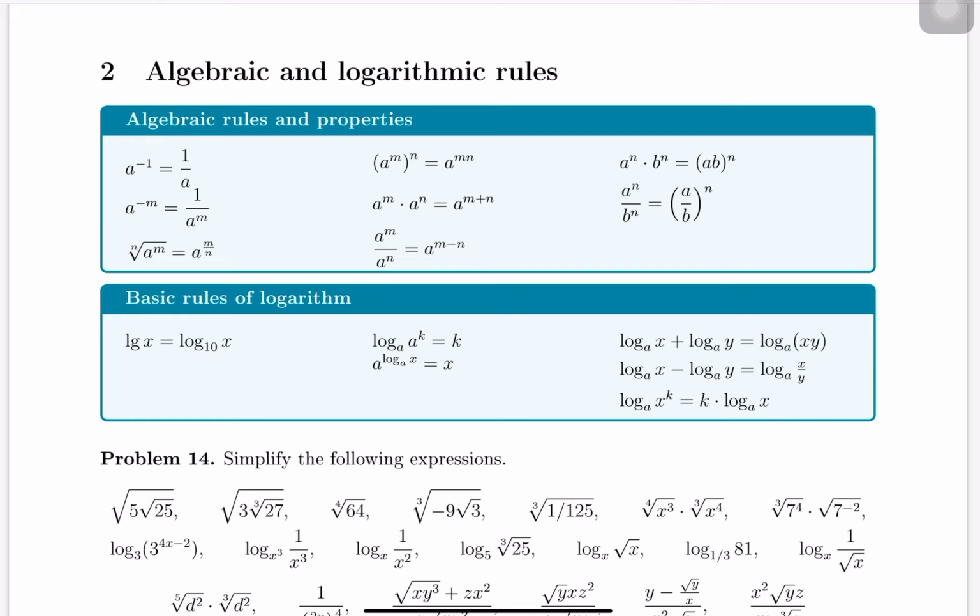And if we have the same power but different bases, I choose one power, and we can divide the bases together. Also in multiplication, if I have the same power but different bases, we can multiply the bases and put the same power on it.